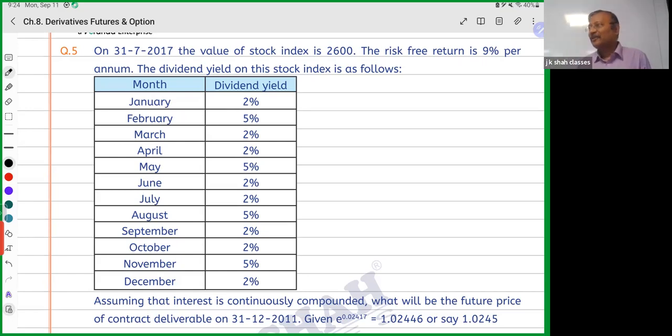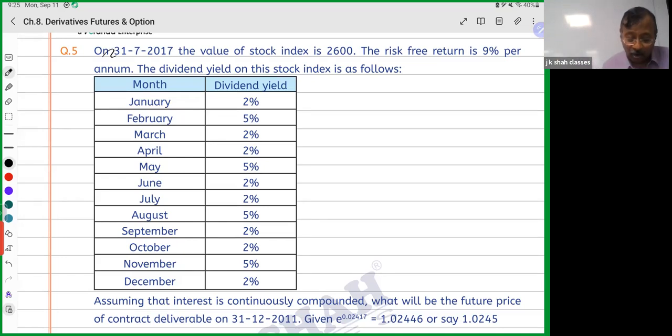Next month, different. So here they are saying that the dividend yield for January is 2%. Now remember, when they are saying dividend yield for January is 2%, they are saying it is 2% per annum. Feb, March, April, they have given. Okay.